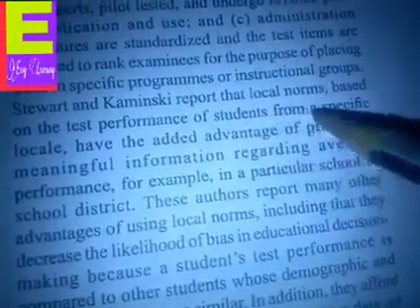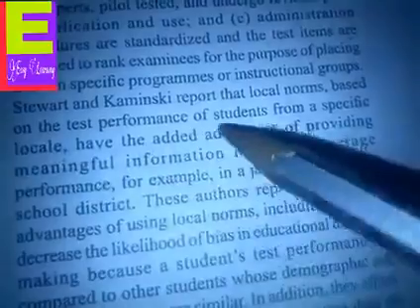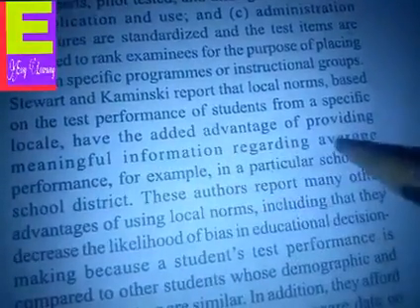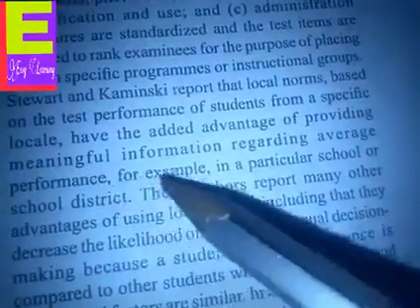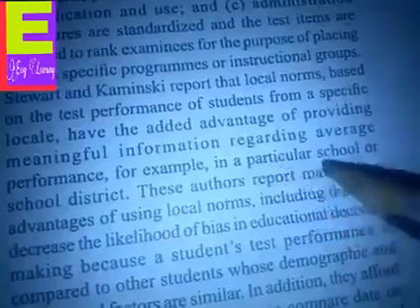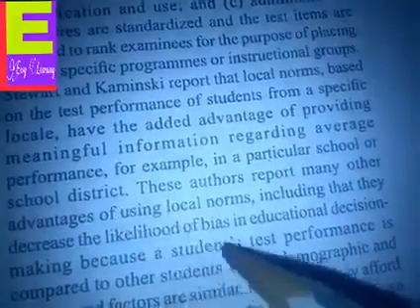Stewart and Kaminsky report that local norms, based on the test performance of students from a specific locale, have the added advantage of providing meaningful information regarding average performance, for example, in a particular school or school district.